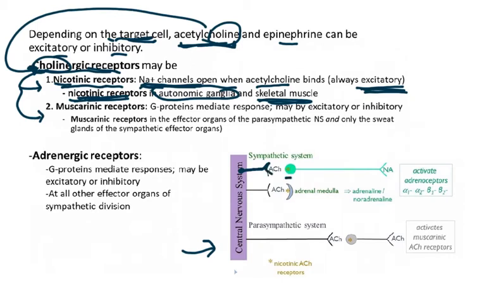The preganglionic neuron always releases acetylcholine, and then the postganglionic neuron is always going to have nicotinic receptors. So this autonomic ganglia is always going to be excited.